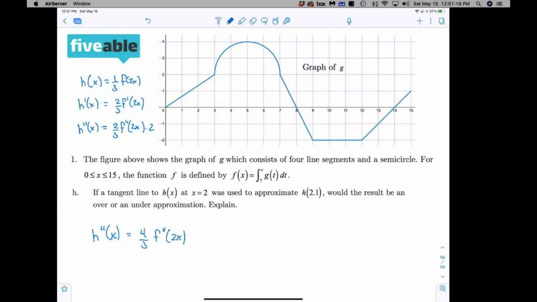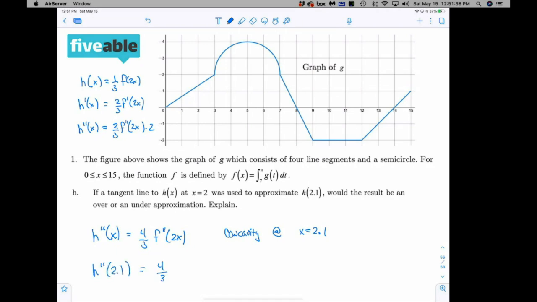And the question is, what is the concavity at and around x equals 2.1? So the concavity here, that's going to be looking at h double prime of 2.1.